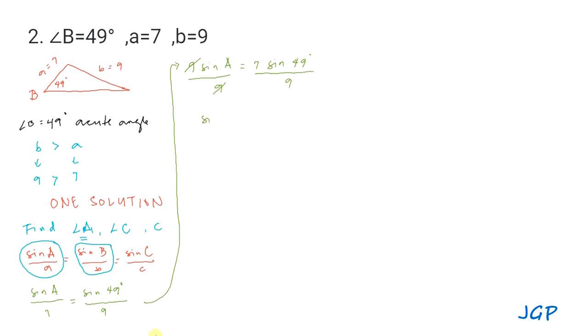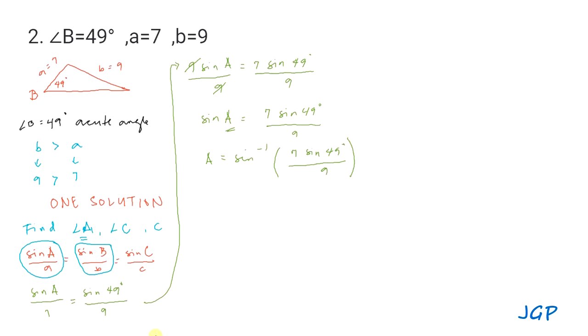And we have now sine of angle A is equal to 7 sine of 49 degrees over 9. Again, we're looking for the value for angle A. Again, di ba, ganito ang ginagawa natin. So, we have now A is equal to sine raised to the negative 1 and then multiply natin by 7 sine 49 degrees over 9.